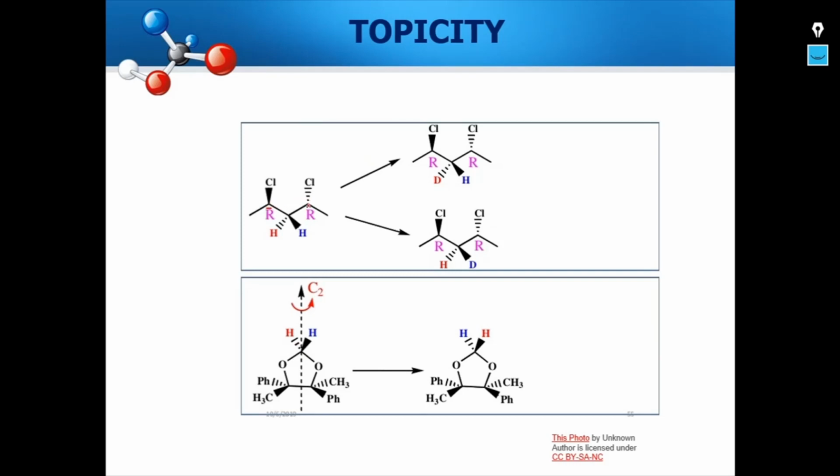Okay, so we have a stereo center, a chiral center. I've given you the clue. So I'm going to replace this hydrogen with deuterium, and this hydrogen by deuterium. Can we guess what we are going to get over here?